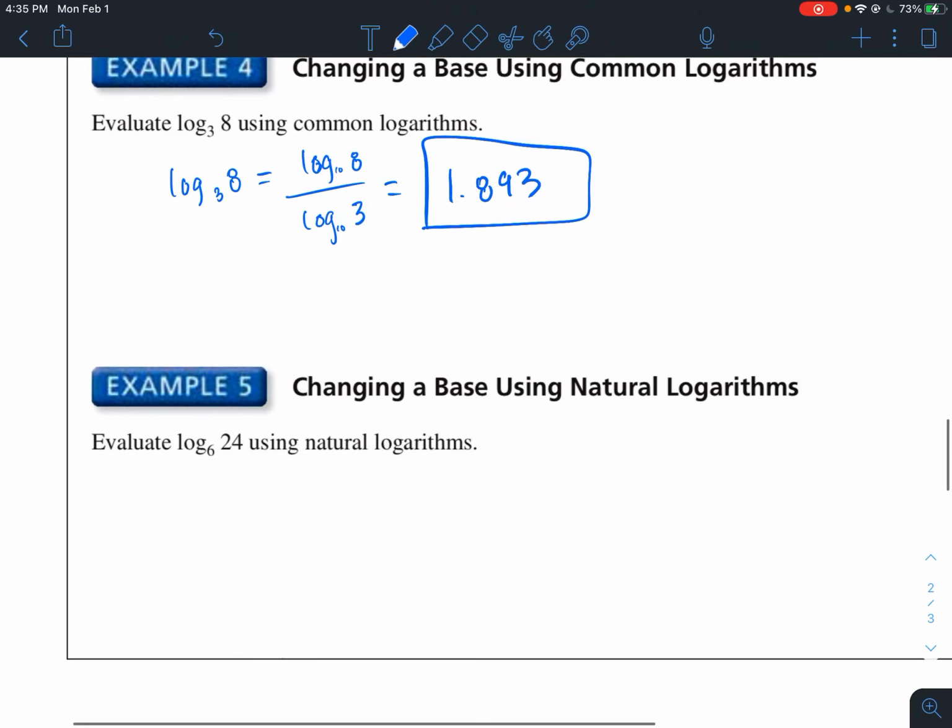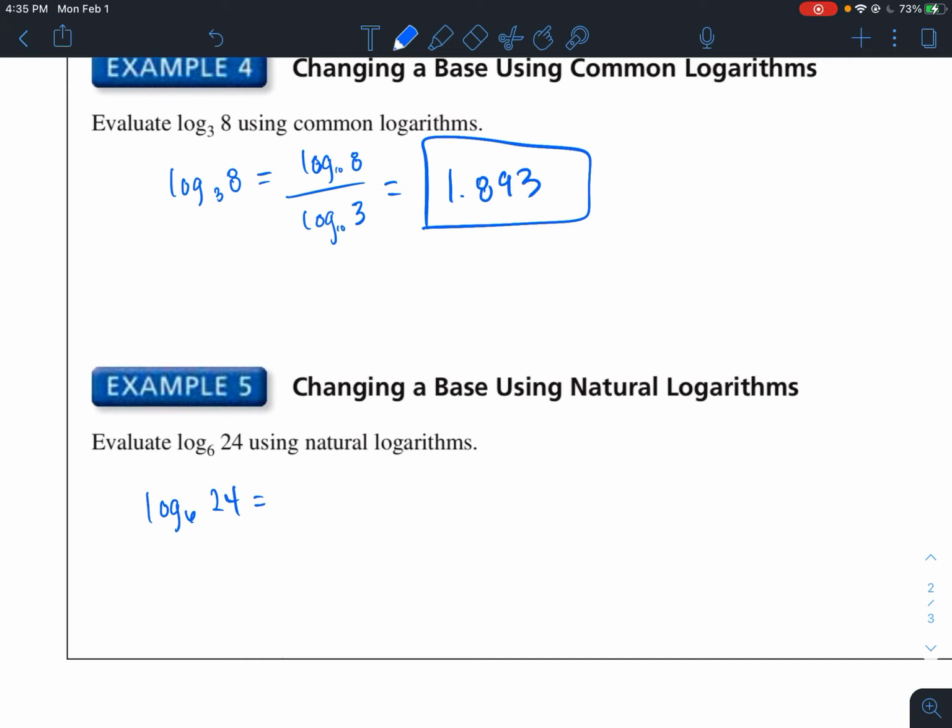In this case, however, in example 5, we want to change a base using natural logarithms. Natural logarithms have a base of e. So starting with log base 6 of 24, I want to change this to have the base of e.